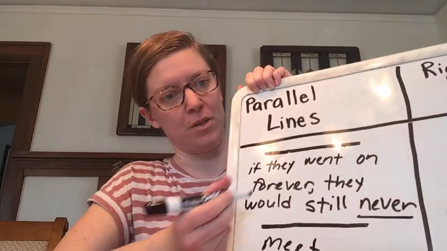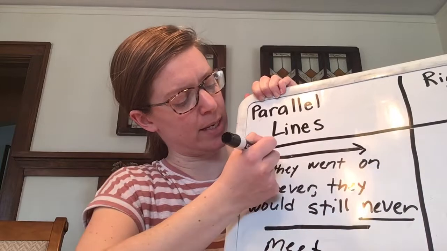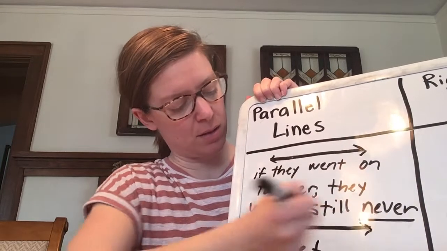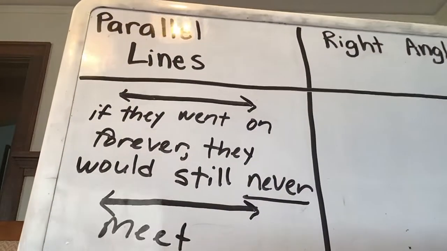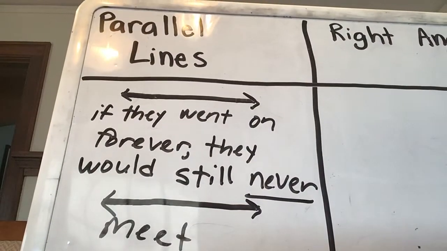Okay, so there are my two parallel lines and my definition. I'm going to show this on the board for just a second so that you can copy it in your notebook if you want.